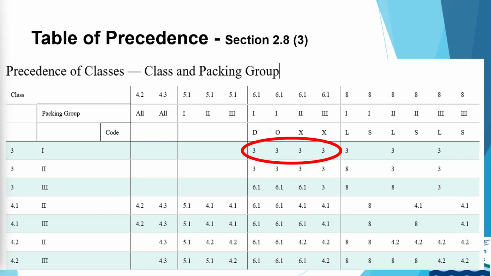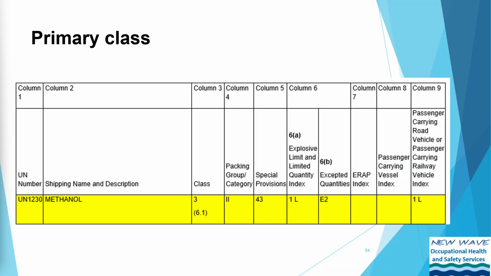Looking at the left-hand column on the slide, we find 3.1 packing group 1 right at the top. Moving over to the right, we look under the class 6.1 columns to find the cells circled in red. For all packing groups, class 3 is the primary class, and 6.1 is the subsidiary class. And that yields the entry that we see in Schedule 1.